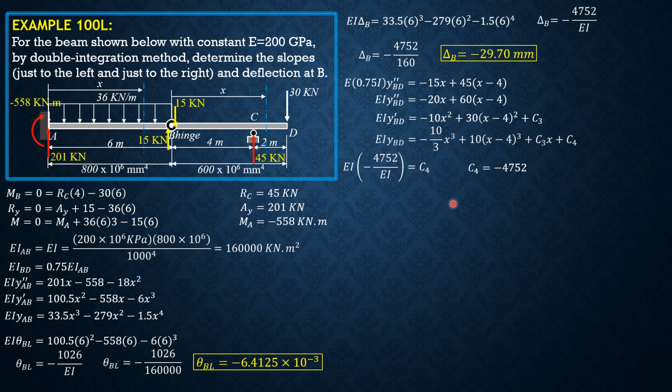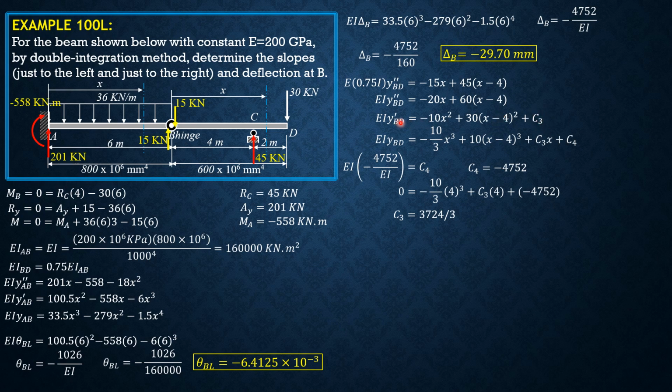Then, having known C sub 4, we can solve C sub 3, because when x is 4 at C, the deflection in portion BD is 0 also. So 0 equals negative 10 thirds of 4 cubed, this term is 0, plus C sub 3 times 4 plus C sub 4, which is negative 4752. Computing for C sub 3, C sub 3 is equal to 3724 over 3. Remember, when x is 0, the first term is 0, the second term is ignored, and we have C sub 3 left.